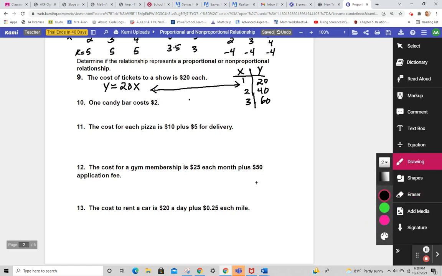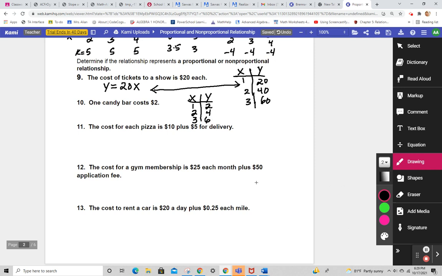All right, let's do the next one. One candy bar costs $2. Let's use a table to represent this. X is the number of candy bars, Y is the cost. So if we buy one candy bar, that'll cost us $2. If we buy 2 candy bars, that'll cost us $4. If we buy 3, 3 times 2, that'll cost us $6.